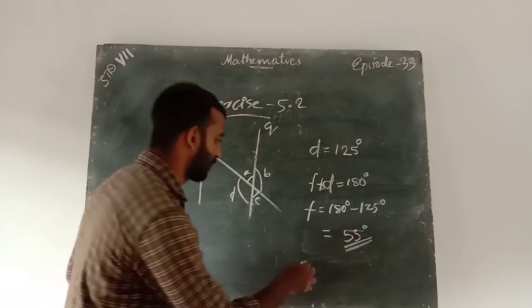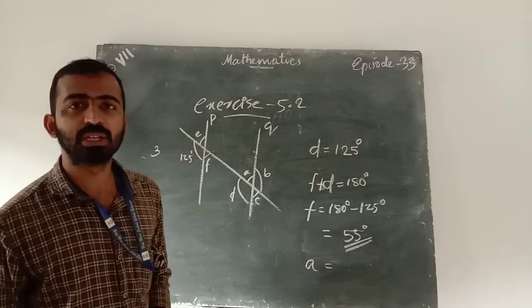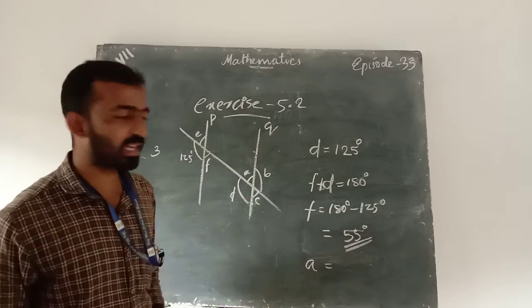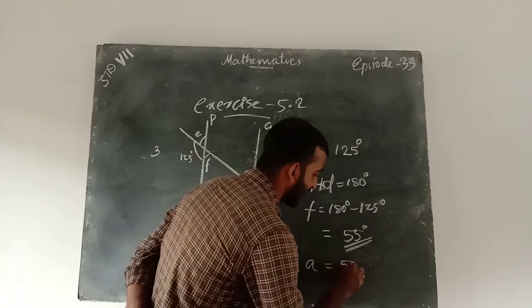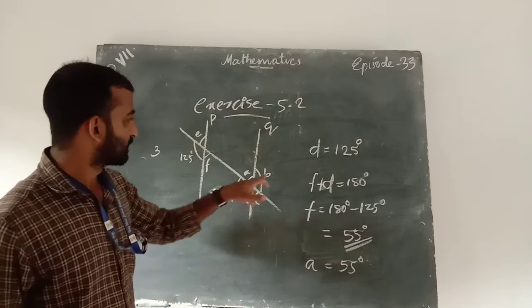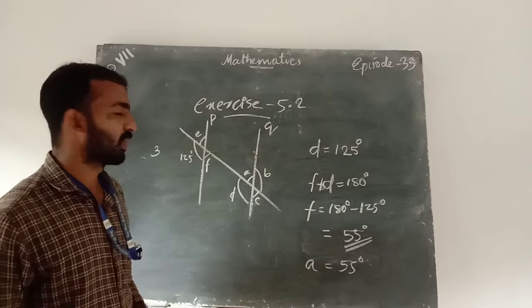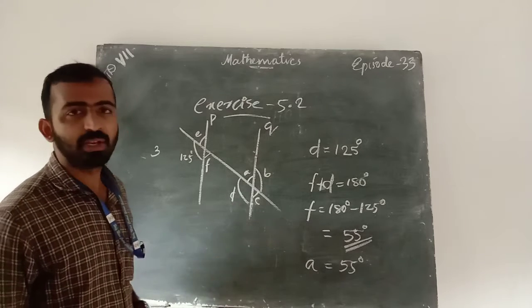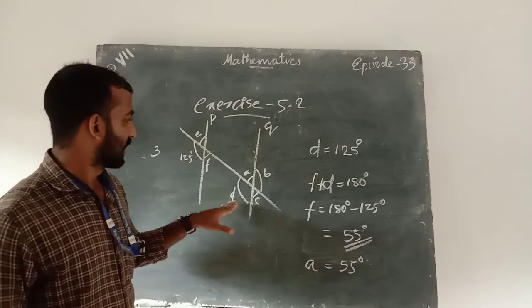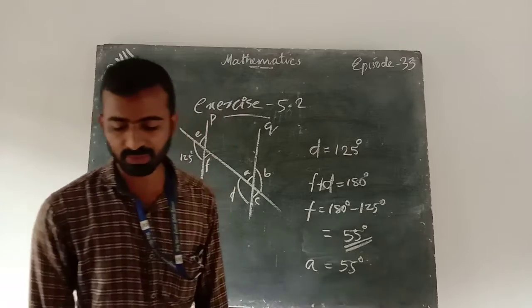Then A equal to 55 degree, because A and F are alternate angles. And B equal to 125 degree, because B and D are opposite angles.